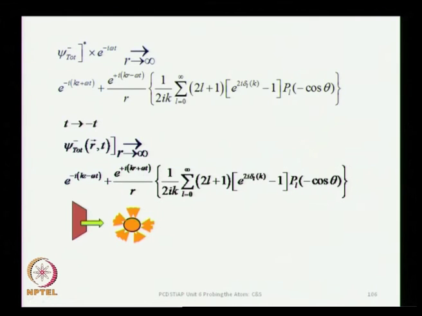Now what is that? That is a spherically ingoing wave, right, because the surface of constant phase will have kr plus omega t constant, and therefore dr by dt will be negative. So the radius must decrease, which means that you are talking about a spherical wave which is converging onto the center.